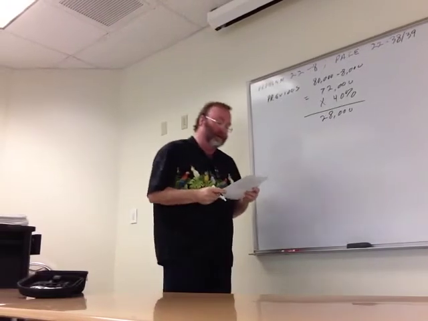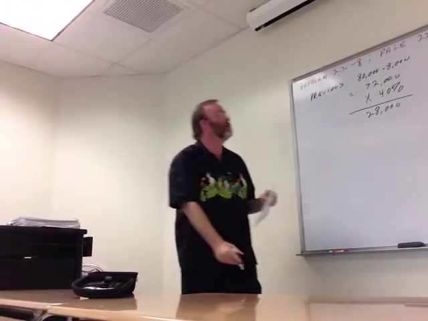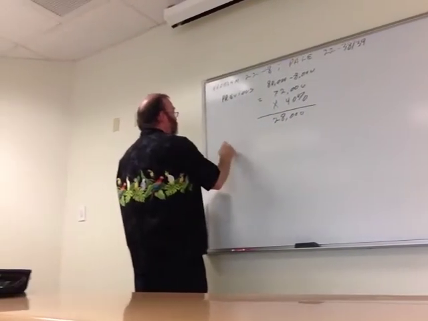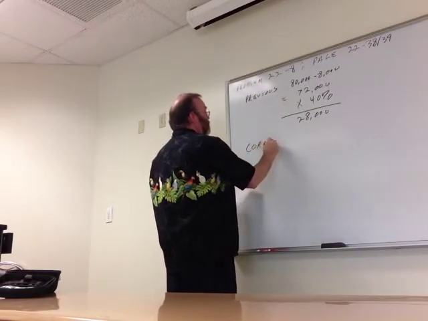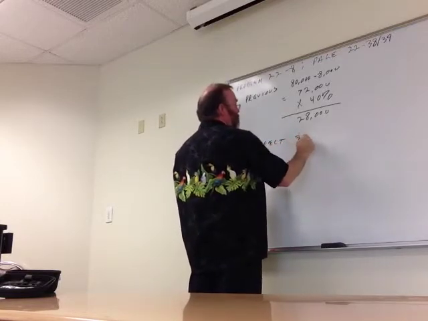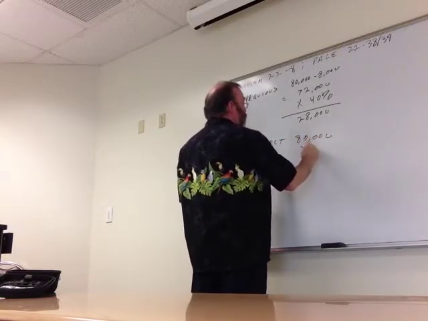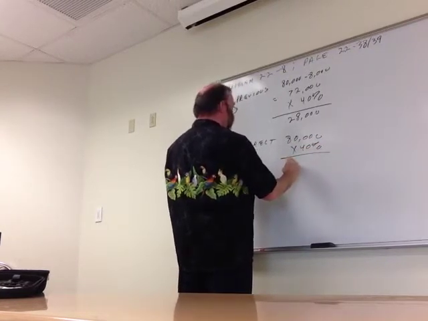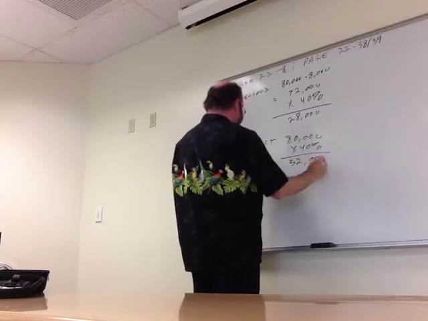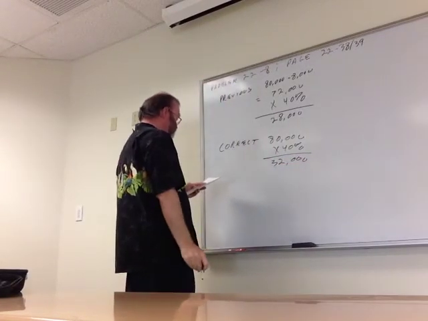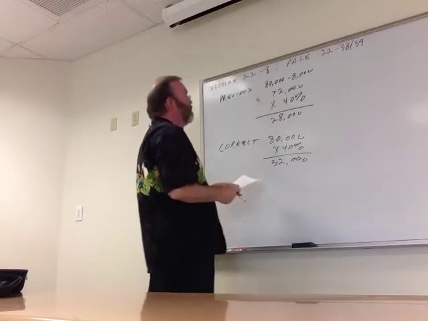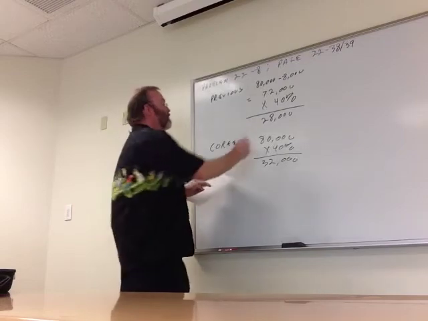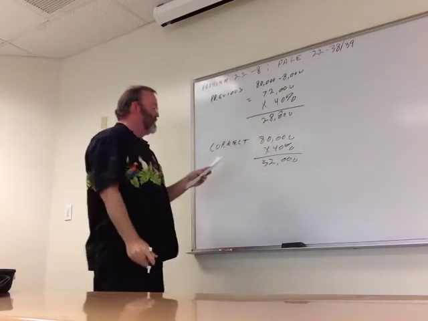That's what we took. What should we have taken? We should have taken 80,000 and multiplied it by the 40% for 32,000. So, we made a mistake of, I'm sorry, this is 28,800.